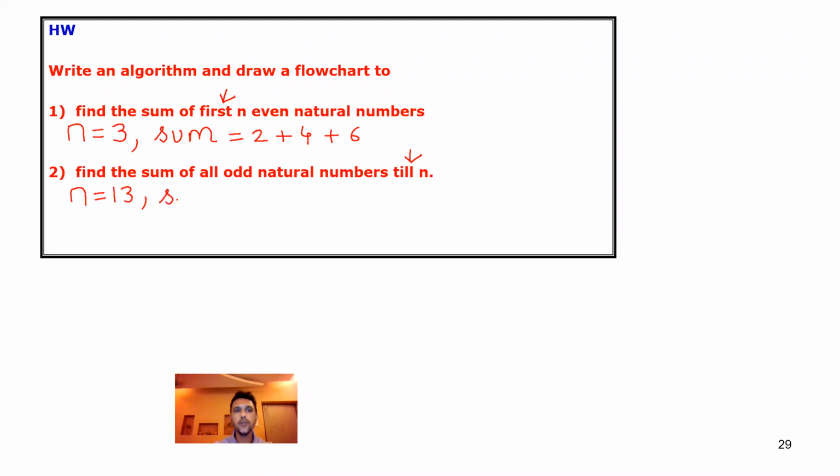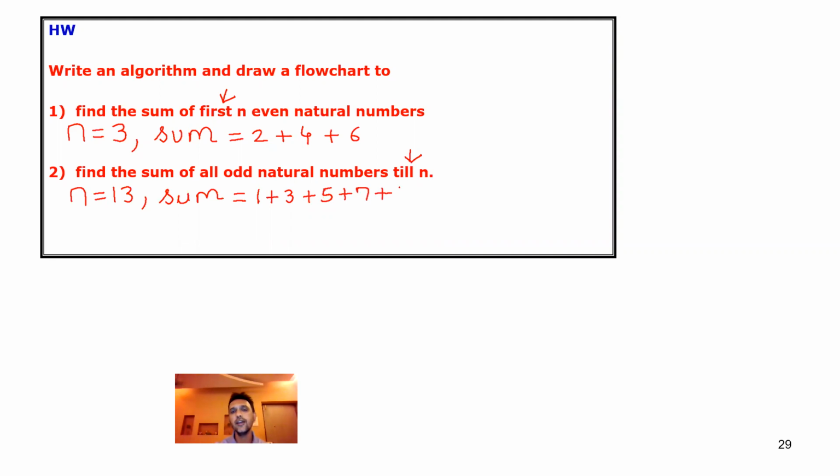So you are supposed to find the sum of all the odd natural numbers till 13. So your answer will be 1 plus, come on, dictate, 1 plus what? 3. 3 plus, everybody. 5. Very good, everybody. 7.